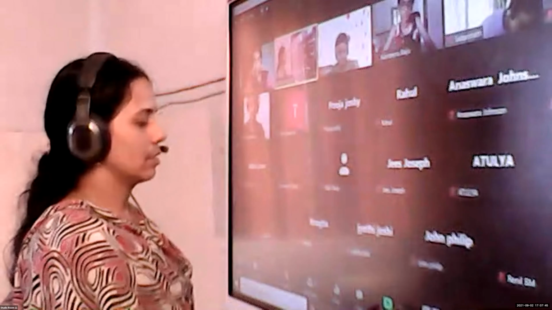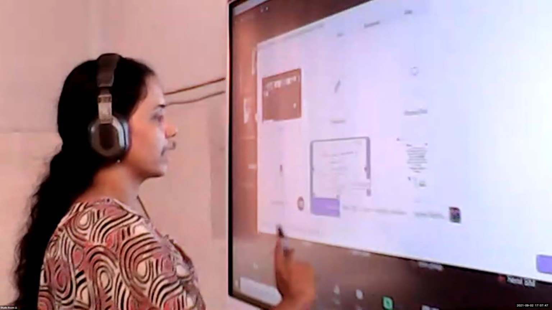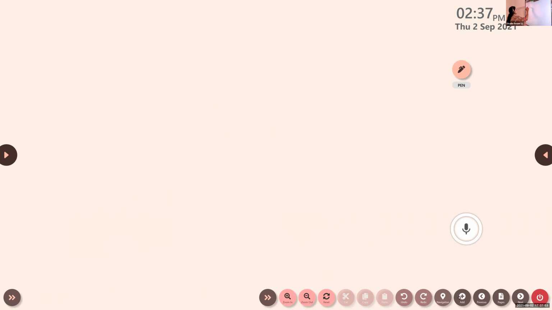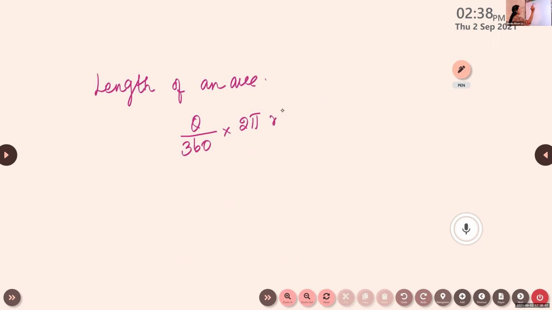Now listen, children. The next one is, write down the heading, arc length. Last year we have learned length of an arc. What is the formula we have learned? Length of the arc is given by theta by 360 into 2 pi r.